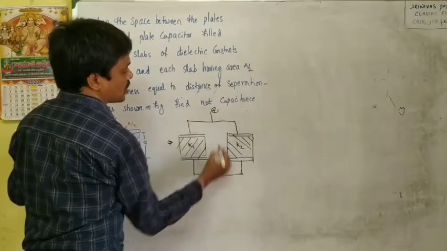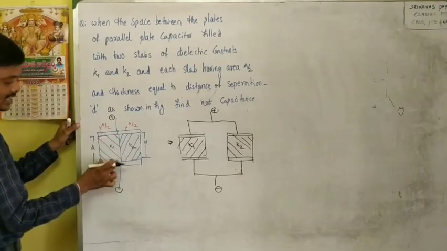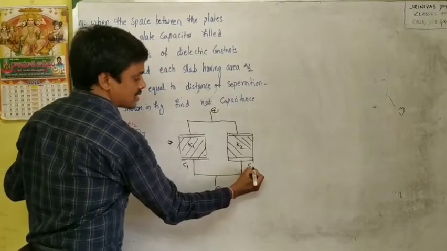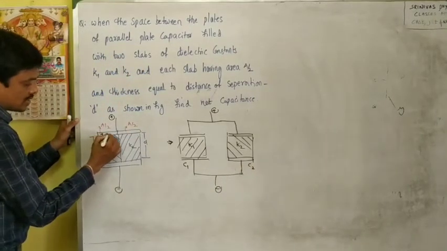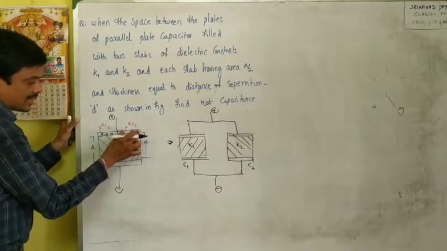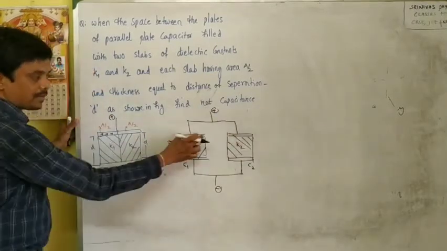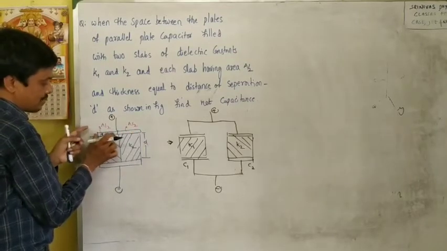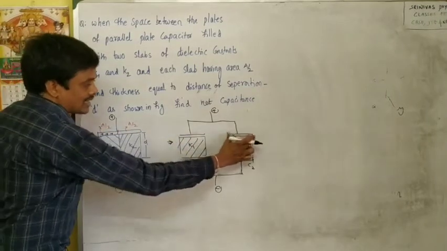And this is connected to the positive terminal and this is connected to the negative terminal. This part we can take as one capacitor, whose capacitance is C1, and this part we will take as another capacitor. This part plate is connected to the positive terminal, and this part plate is connected to the positive terminal, so these two are connected to the positive terminal, right? Upper parts: this is one part, this is one part. These two parts are combinedly connected to the positive terminal, divided separately like this.